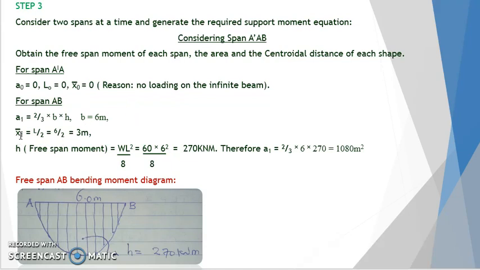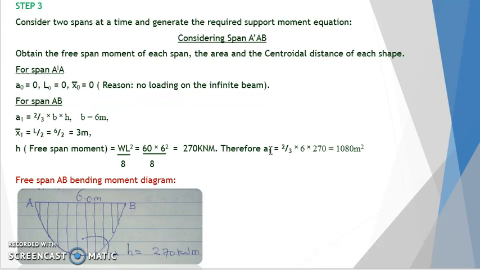Then X bar, the centroidal distance, is equal to L over 2 for this particular shape, as I stated earlier. That's 6 over 2, equal to 3 meters. The free span moment is equal to WL squared over 8, because we have a UDL at this span. Then we have 270 kilonewton per meter.